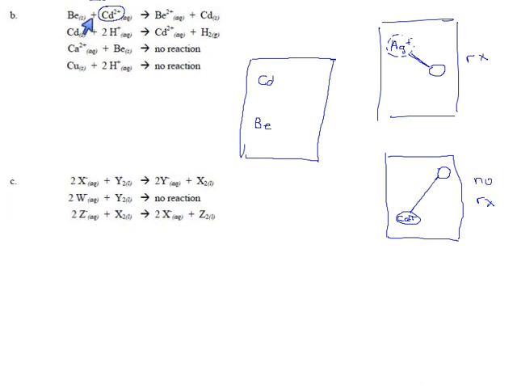You can think of this as beryllium and cadmium fought over electrons, and cadmium won. Cadmium got the electrons, therefore it must be higher up. It must be a better electron attractor than beryllium is. Next example, hydrogen, positive charge, tried to take electrons from cadmium, and how did that go? It worked again. The hydrogen did gain electrons, cadmium lost electrons.